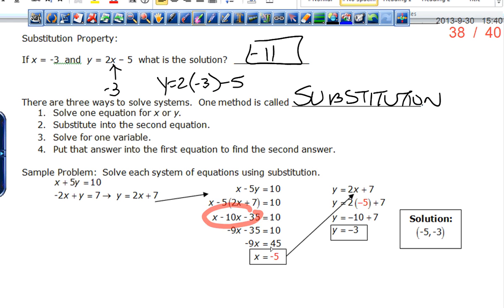They substituted what they knew y to be, 2x plus 7, in for y here. Y equals 2x plus 7, we're cutting and pasting. Distribute, add like terms, divide, you get -5.